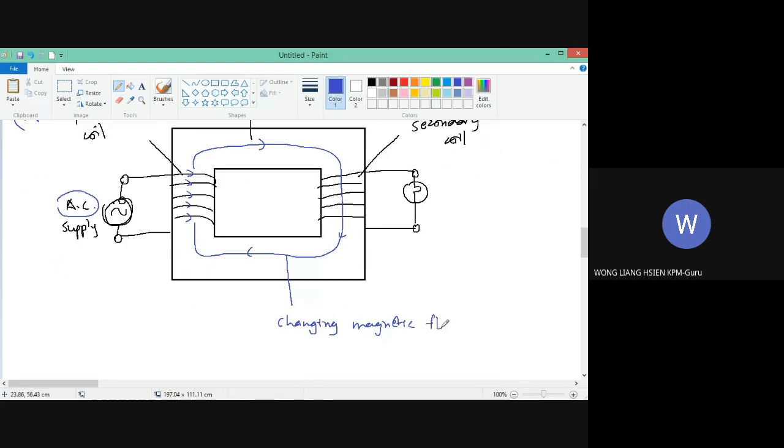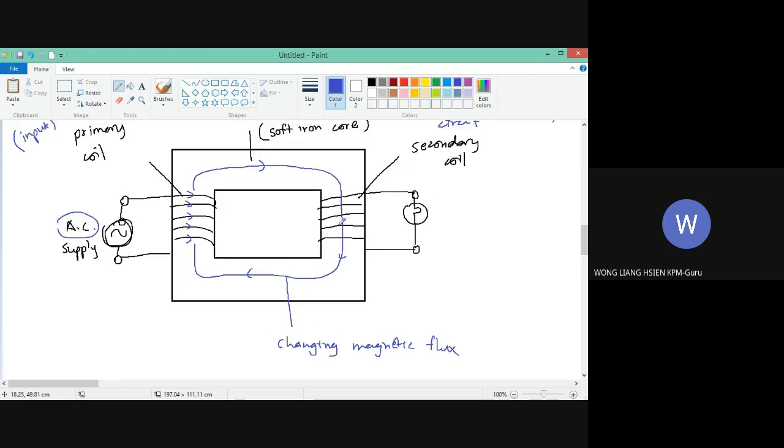If you still remember, just now when we talked about electromagnetic induction, there are two ways that we can induce EMF. First is through relative motion. Second is when the conductor is exposed to changing magnetic flux. This is what we are talking about. When the magnetic flux keeps on changing direction, the secondary coil is exposed to a changing magnetic flux, and you will have induced EMF inside the secondary coil.